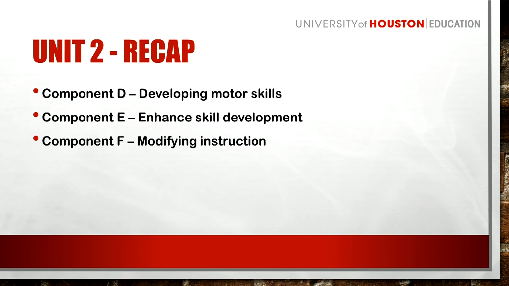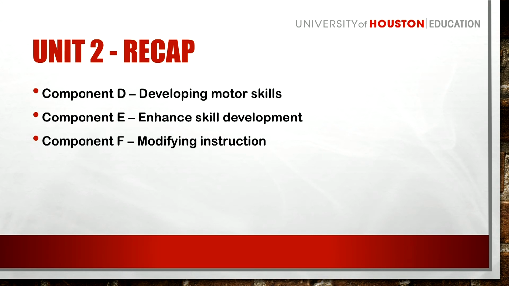That concludes this section on Unit 2 of Components D, E, and F. Developing Motor Skills, to recap, is to apply knowledge of movement principles and concepts to develop students' motor skills, including understanding key elements of mature movement and various manipulative skills.